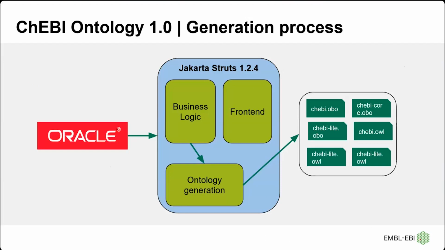This is an overview of the current ontology generation process. At this moment, we have an Oracle database. In that database, we have all the information about chemical data and the compounds itself. Also, we have an application programmed using Java 8 and Jakarta Struts.